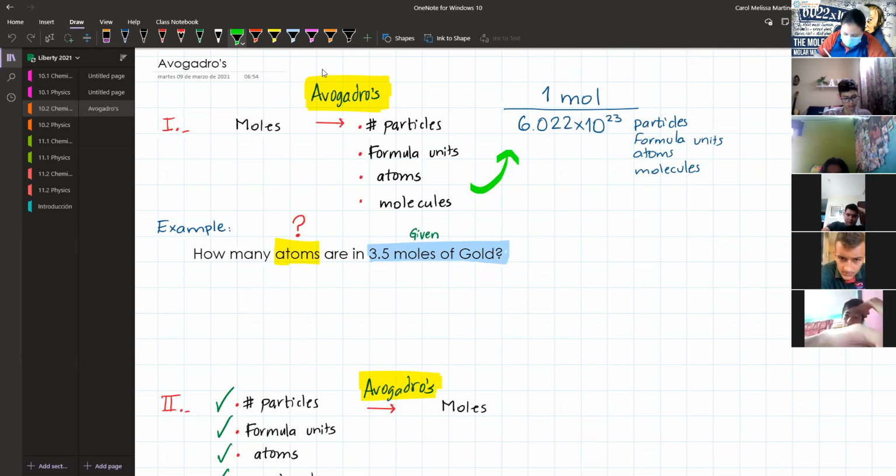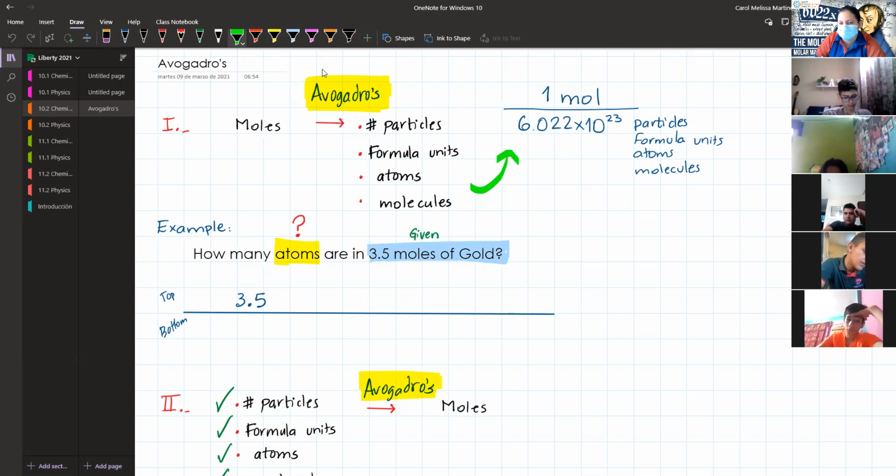So we always start with the given. Remember the fractions in conversion factors, you have top and bottom. So you always start by writing the given in the top. So we say 3.5 moles of gold.